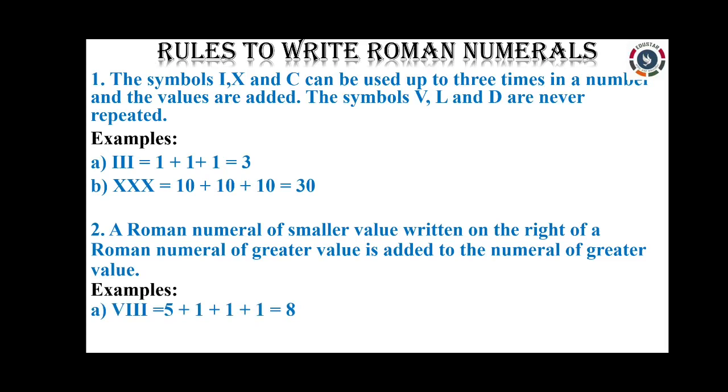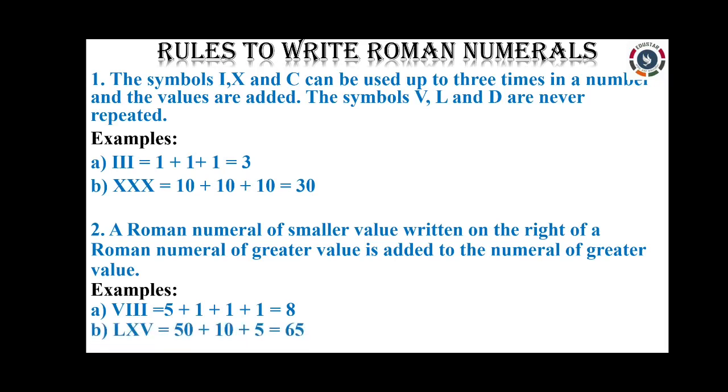V is greater value of Roman numeral compared to I. I is right side of V. So, we can add the values 5 plus 1 plus 1 plus 1, which is equal to 8.